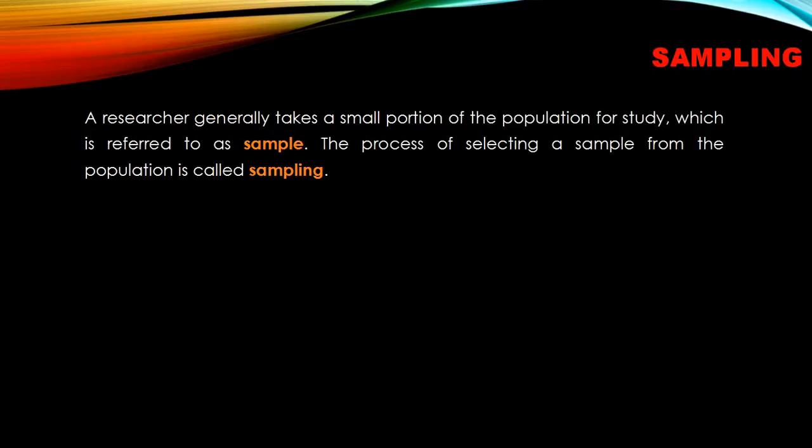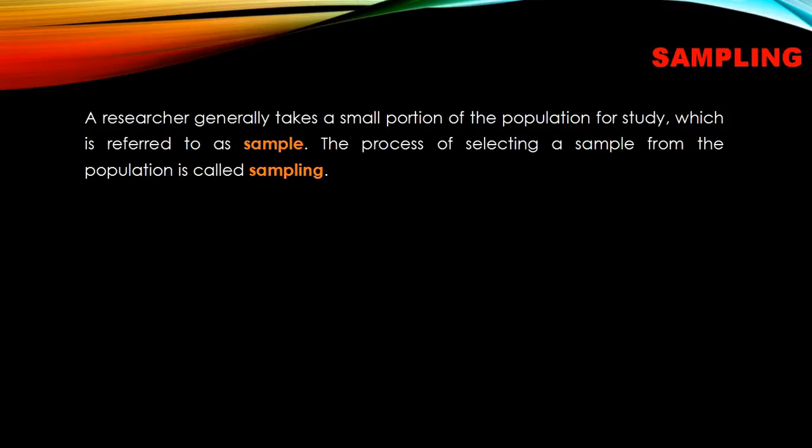What is sampling? Usually, a researcher generally takes a small portion of the population for study, which is referred to as a sample. The process of selecting a sample from the population is called sampling. Now, usually what happens is a researcher wants to study a phenomenon existing in the entire population. So for him, it becomes practically impossible to gather the parameters of the entire population.